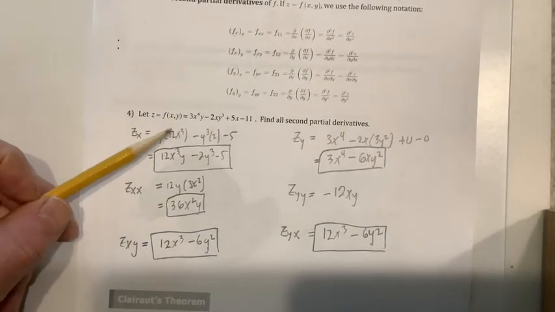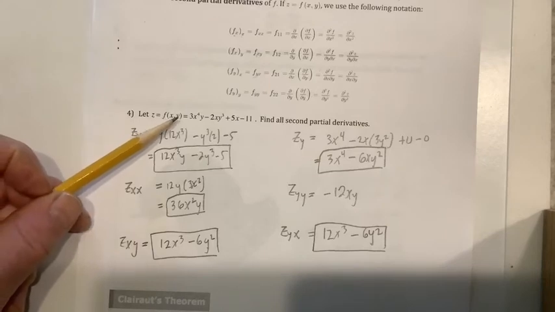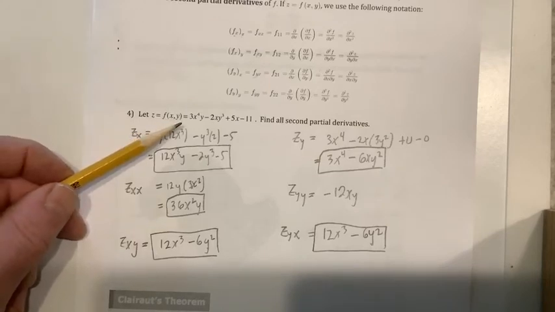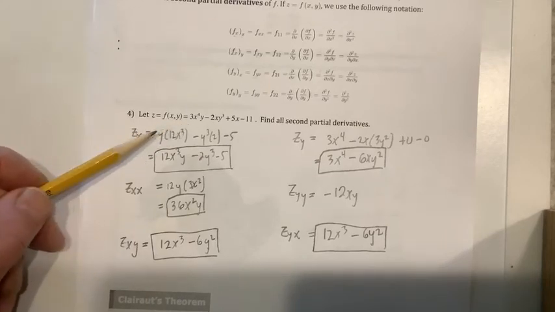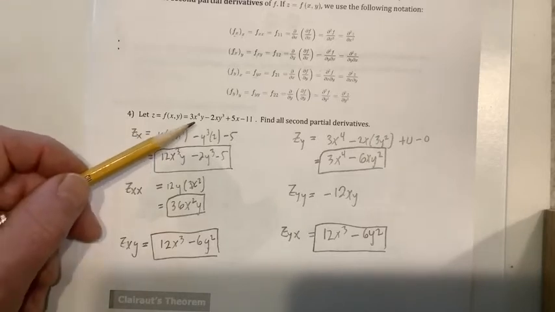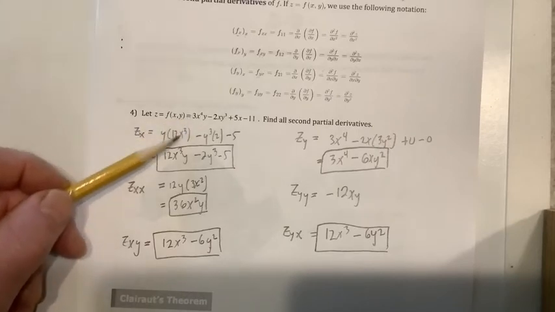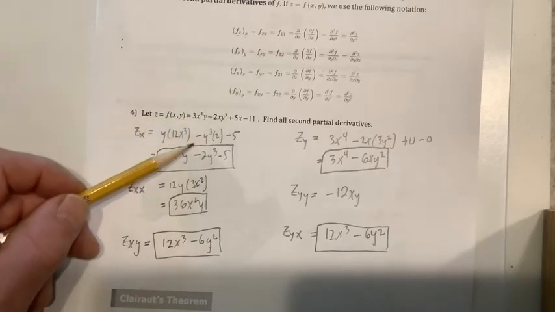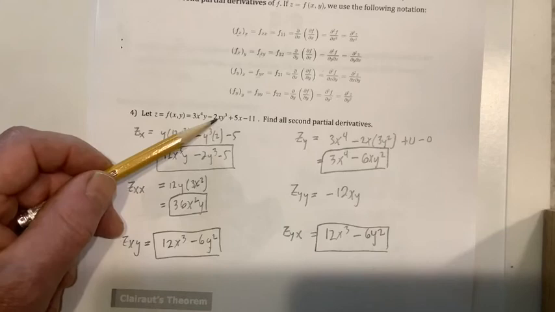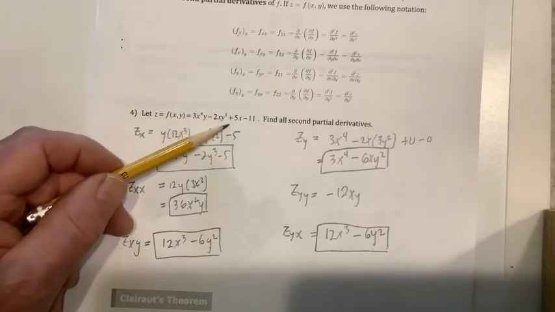All right, so here we go. I want to find all second partial derivatives of this function. So the derivative with respect to x, you fix y, so you get y times 12x cubed, which is this, and then here you get -2 times y cubed, and here you get 5.